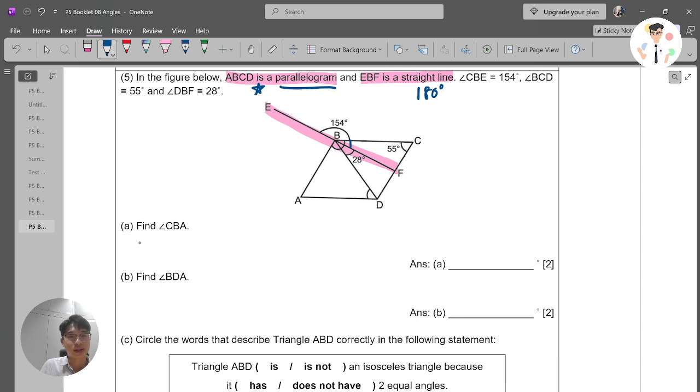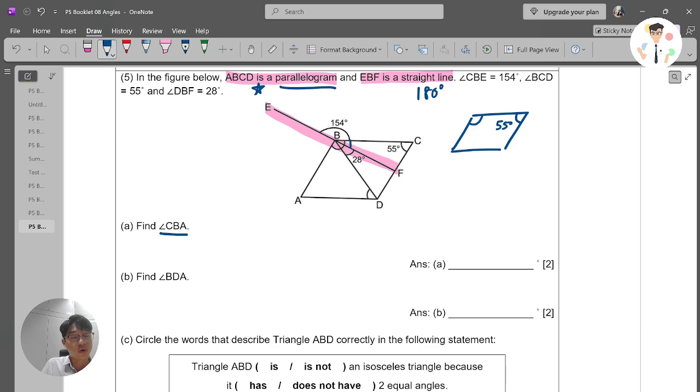Now the first thing that we need to find is the angle CBA. Where is CBA? So I'm looking for the whole angle here. So let me just draw a bit here. I'm looking for the whole angle here, CBA. And I know that here is actually 55 degrees.